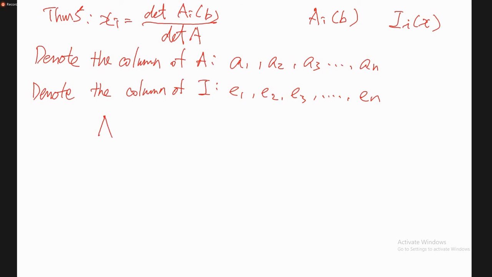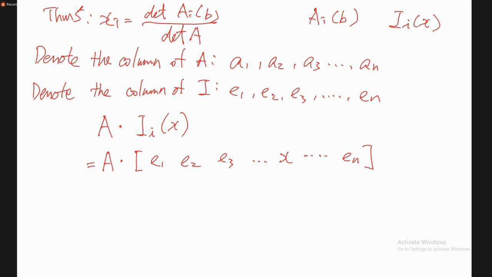Matrix A times matrix I subscript i, X. So what does that mean? If we decompose a bit, matrix A is still matrix A, but matrix I subscript i, X, I can write in this way: E1, E2, E3, dot, X, dot, En.